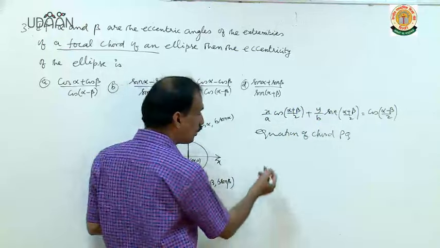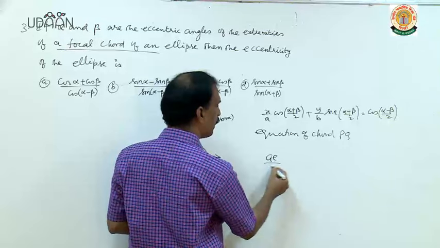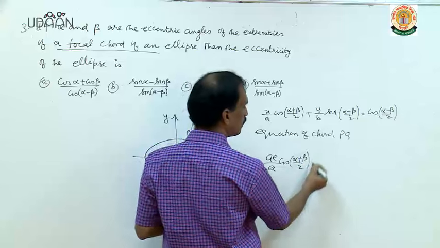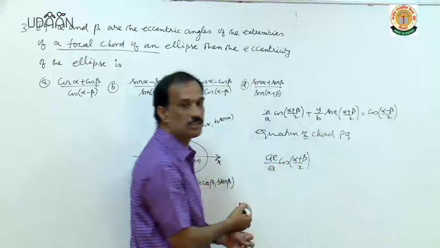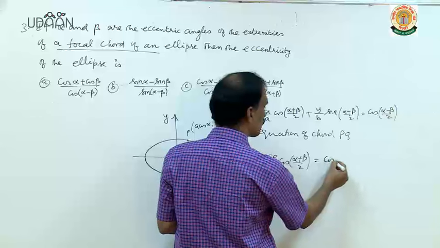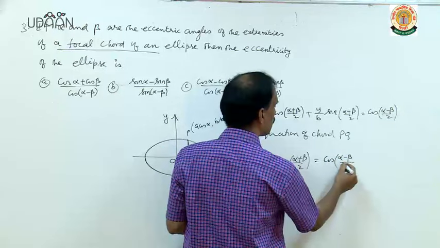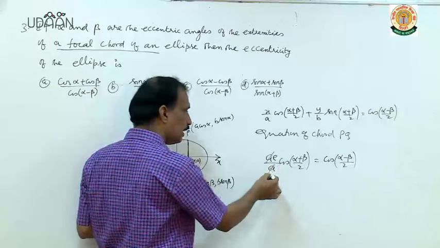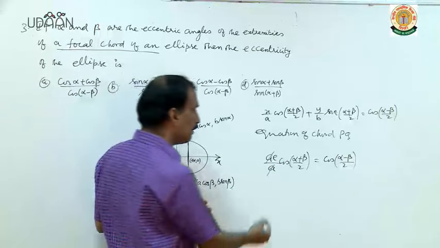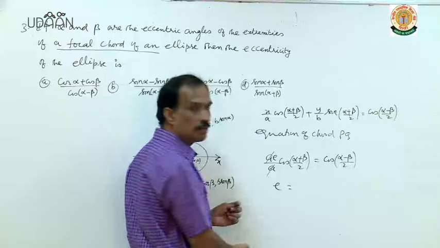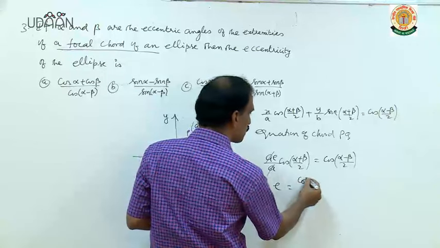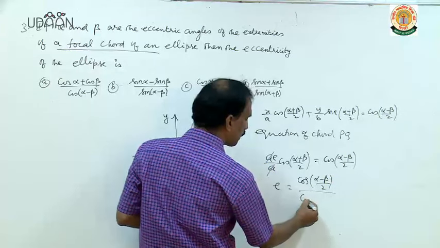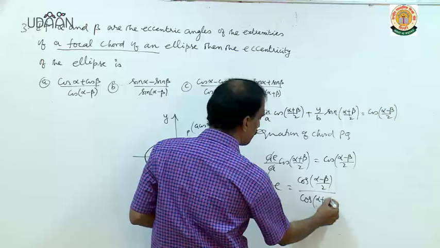So what you get? ae upon a cos of (alpha plus beta) by 2, and this becomes 0, equals cos of (alpha minus beta) by 2. Now the a cancels. So what do we get? e equals cos of (alpha minus beta) by 2 upon cos of (alpha plus beta) by 2.